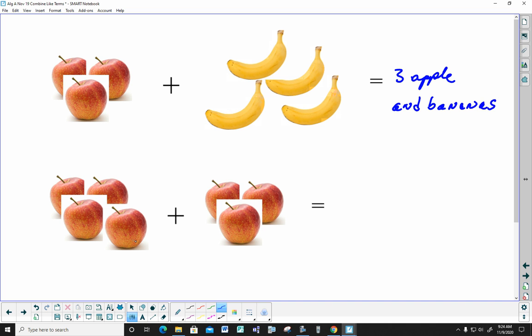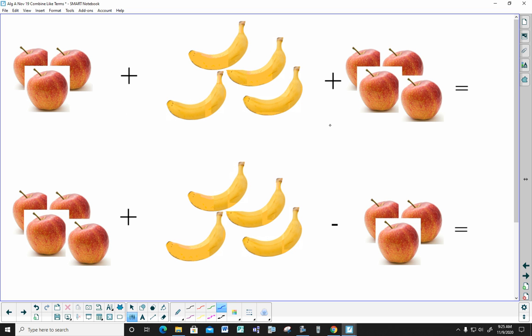But if you had 4 apples plus 3 apples, you're going to get 7 apples. So you can add like things together. When they're unlike things, you can't bring them together. But when they are alike, you can bring them together.